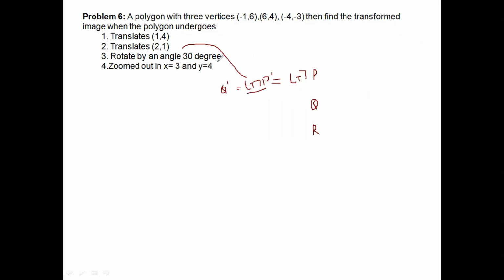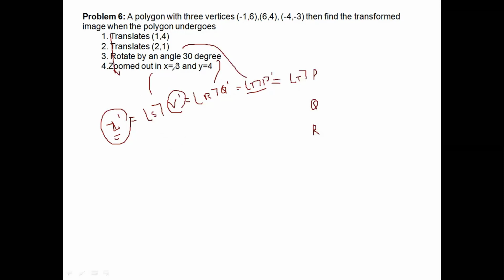Then you apply the rotation matrix on this point and receive, let's say, V dash. Then after receiving V dash, you apply the scaling matrix, and you get, let's say, Z dash. So this will be the new point after performing this sequence of transformations one after another.